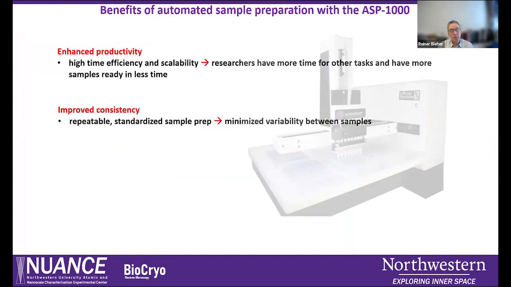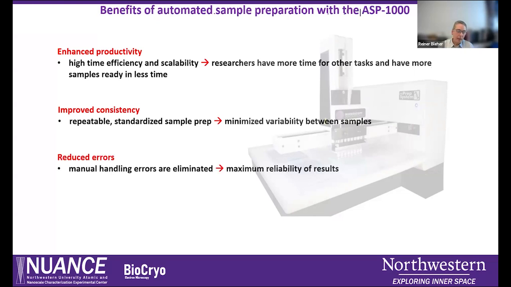We also have improved consistency because the sample prep is absolutely repeatable, it's standardized, and that means we minimize the variability between samples. We also have reduced errors because manual handling errors are eliminated, and that means our results have a maximum reliability.